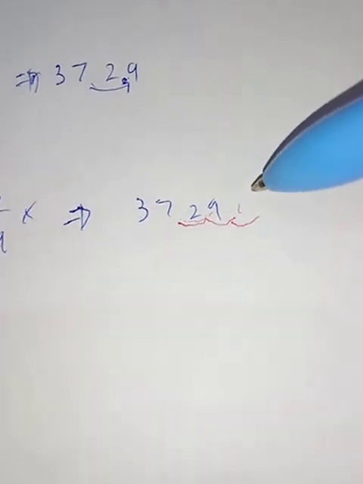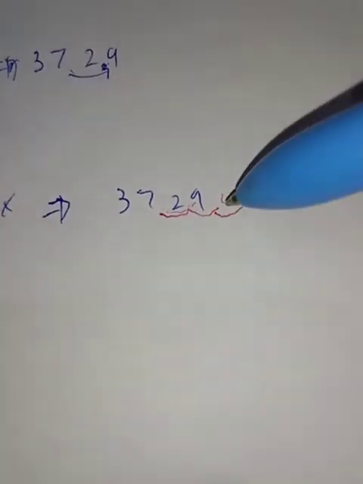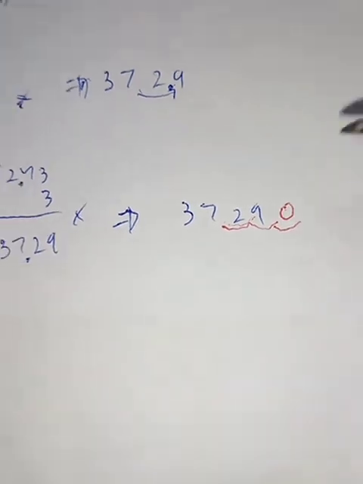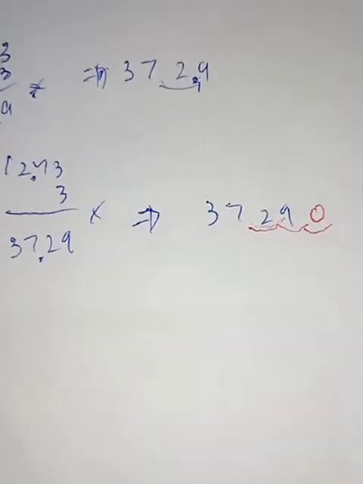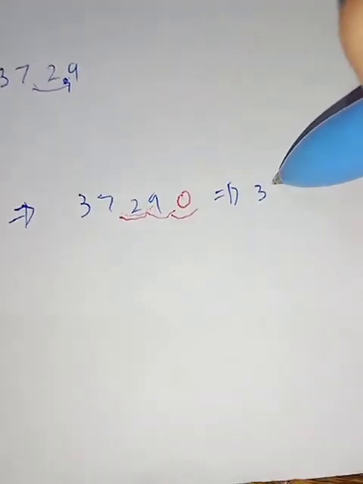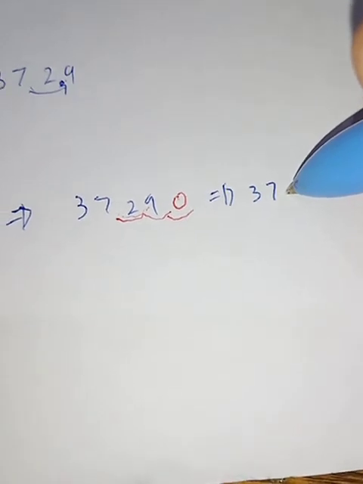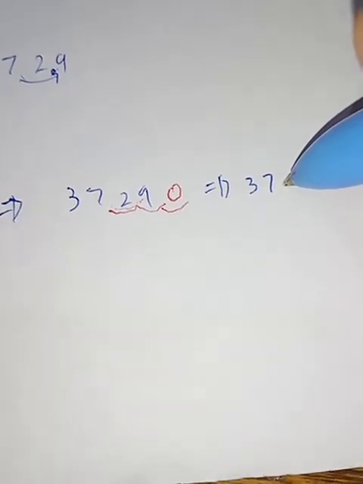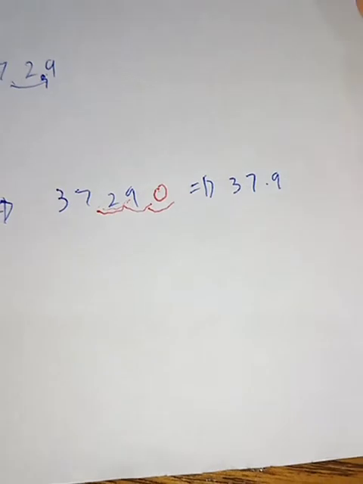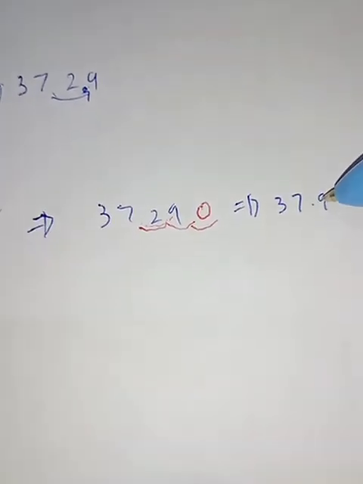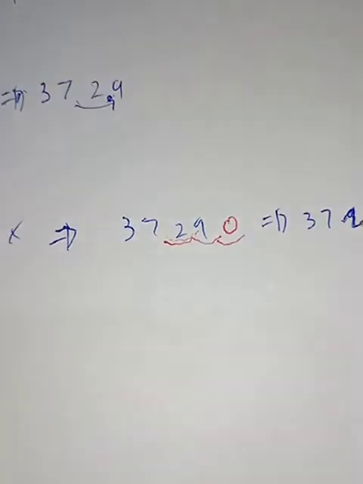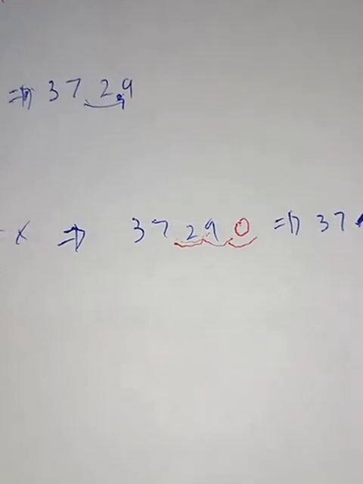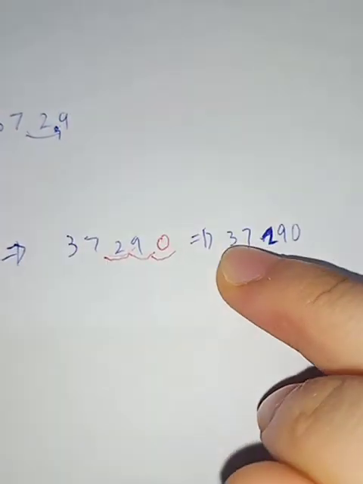So there's nothing here, so what should you add? Of course, it should be 0. So now it becomes 37,290.